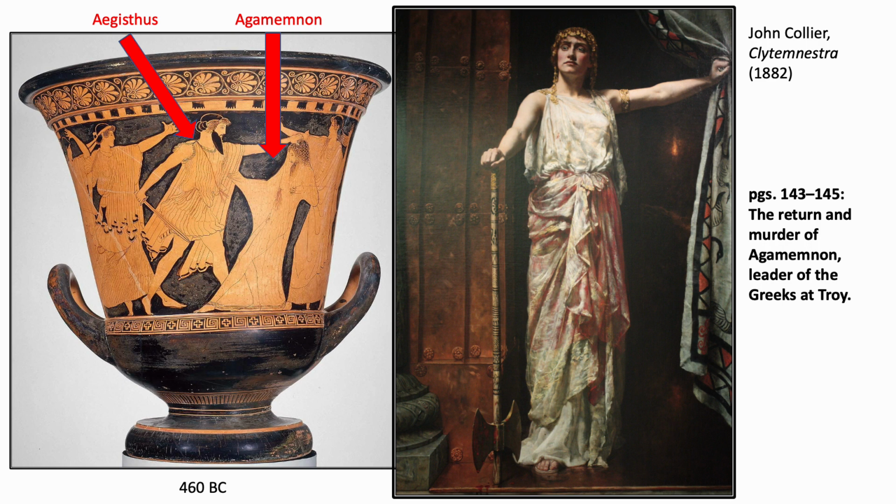So when Agamemnon finally returns home, victorious after 10 years of war at Troy, in what should have been his finest hour, at the homecoming feast in his own palace, he is murdered by Aegisthus and his men with the help of Clytemnestra. In some versions of the story, Agamemnon is killed by Clytemnestra herself. That's the inspiration for the painting you see by John Collier on the right.